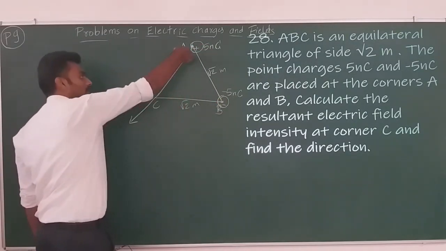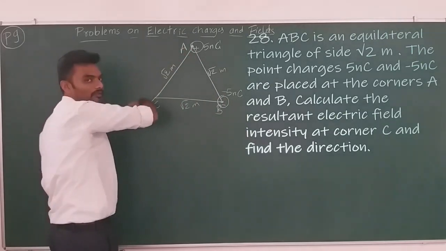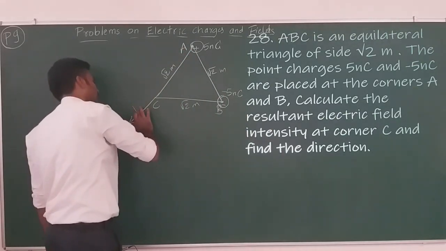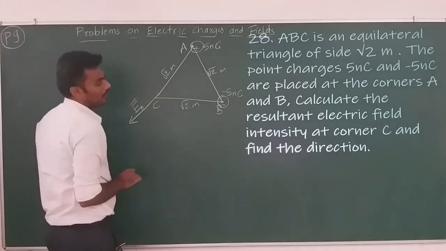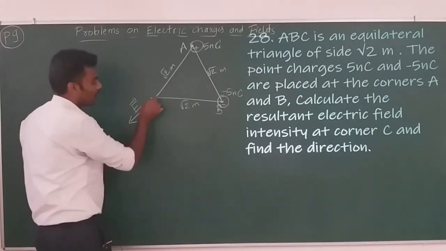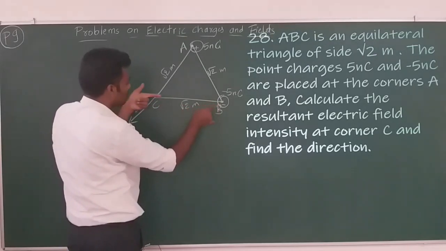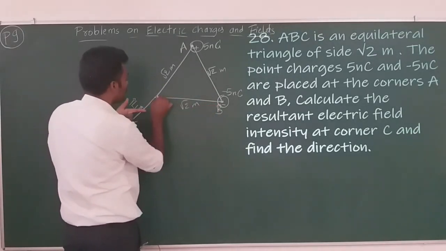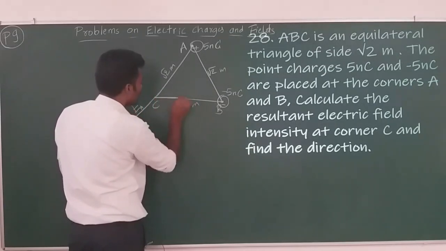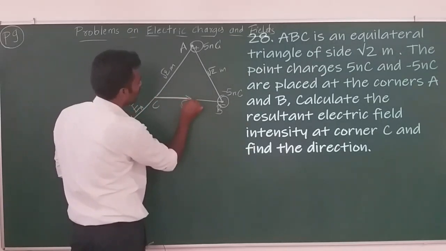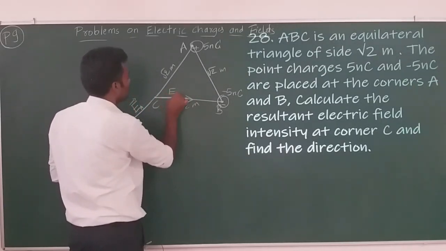So the field lines come out of it, away from the positive charge. So this is our EA. And what about EB? One more electric field is also there. How is that directed? It's like this because it's a negative charge, right? So this is our EB.